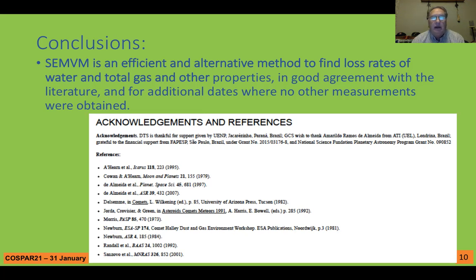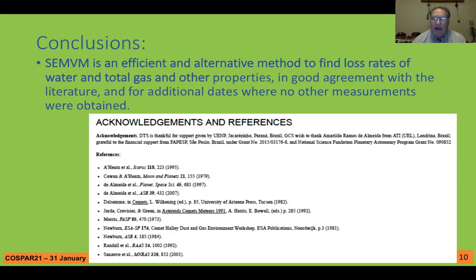And we think a very powerful aspect of the method is that the visual magnitudes fill in a lot of additional dates that are not available from ground-based or space-based observations. So we can really look at what happens in between some of the ground-based and space-based observations.